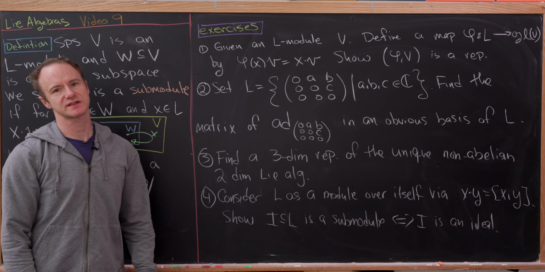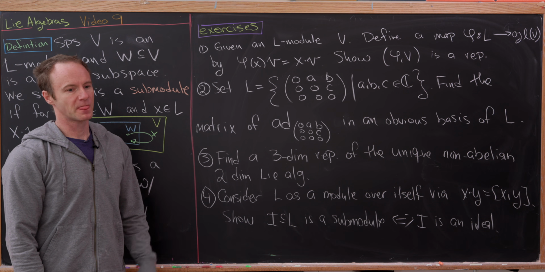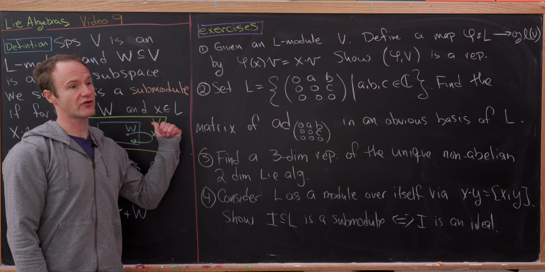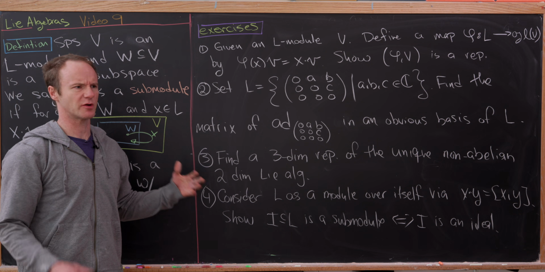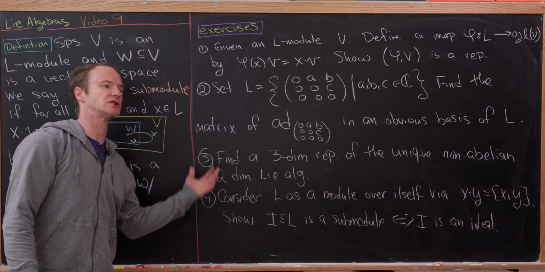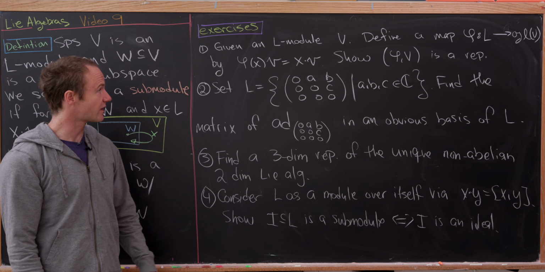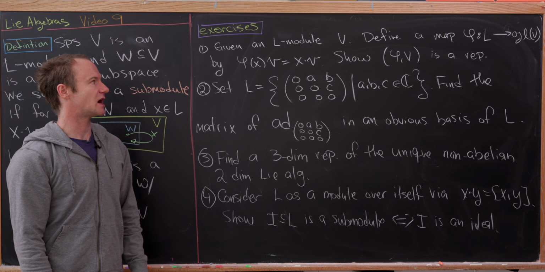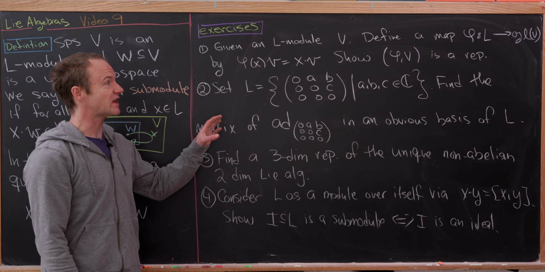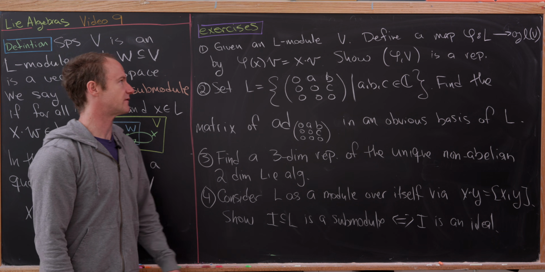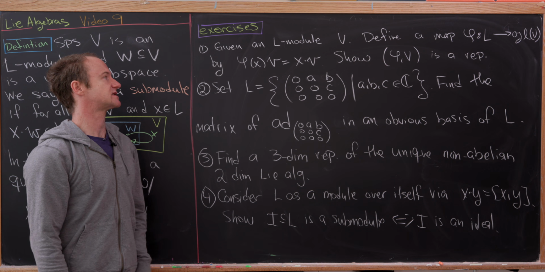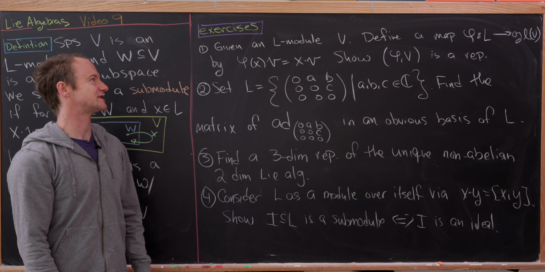Here are 4 nice exercises based on what we just looked at. So the first is to look at the other direction of that theorem that says that modules and representations are equivalent. So let's say we've got an L module V. Let's define a map phi from L to GL(V) by phi of x acting on v is equal to x dot v.